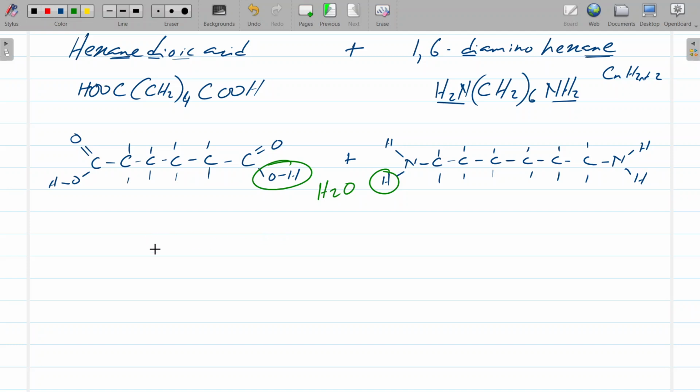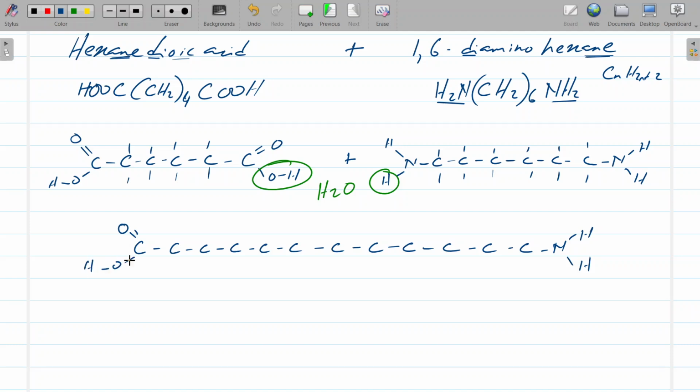And so if I draw the whole thing, it's not given in your book this way. So I've got 1, 2, 3, 4, 5, 6, 7, 8, 9, 10, 11, 12, right? I've got a nitrogen over here. This guy hasn't reacted. I've got a carboxylic group over here. And then 1, 2, 3, 4, 5, 6.